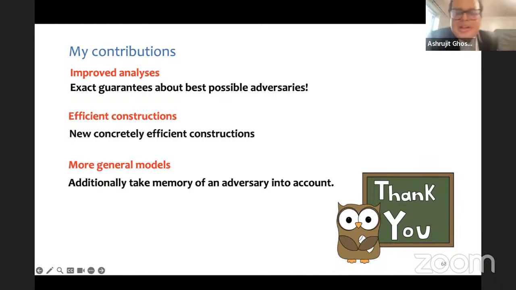So there's only been one work, so I wouldn't say it's a standard model.